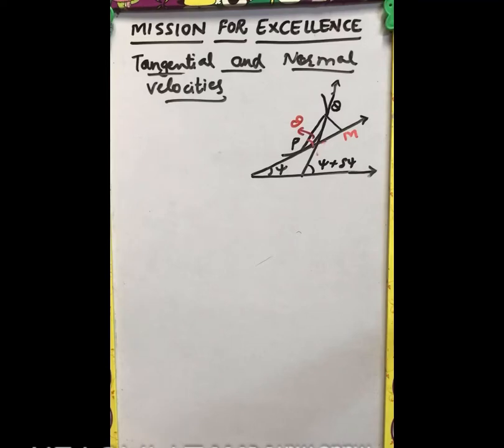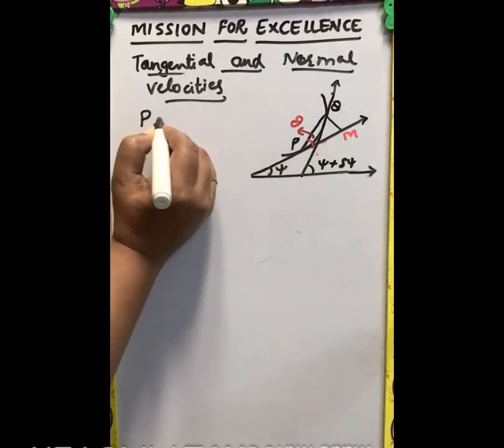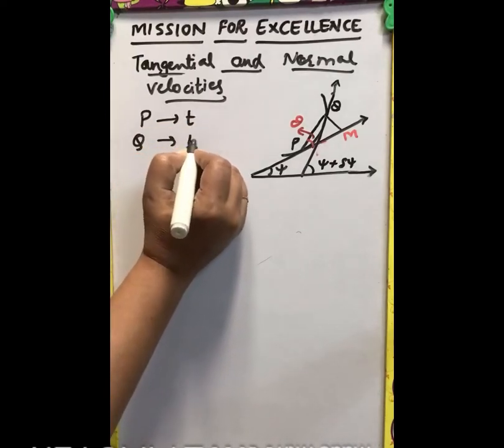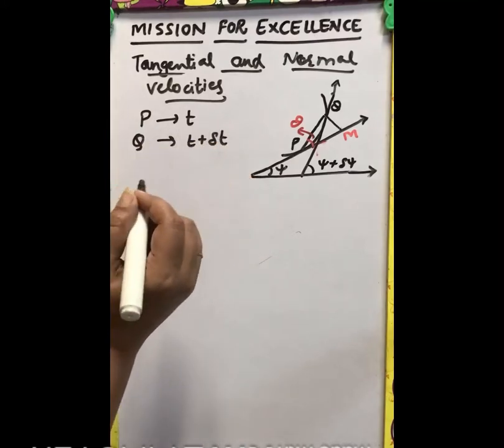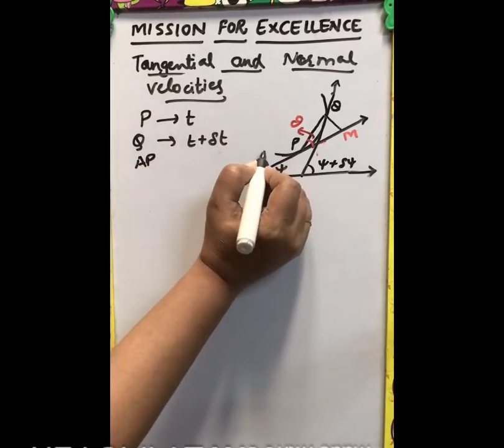Now let us suppose the position is P at time t and the position is Q at time t plus delta t. Here we write the curve AB.